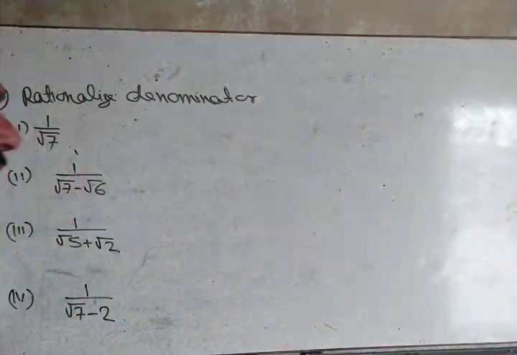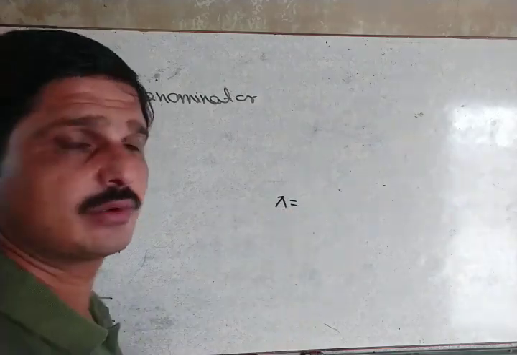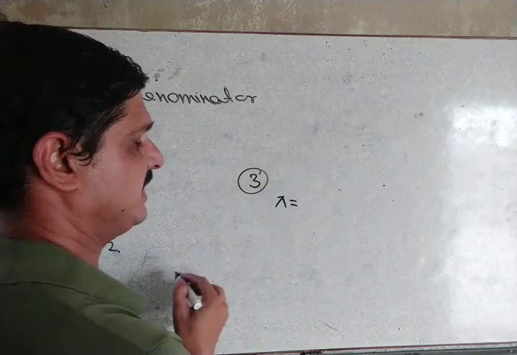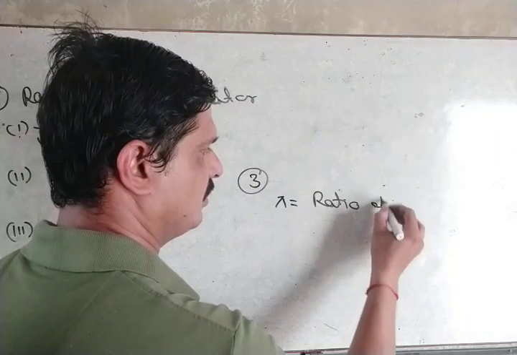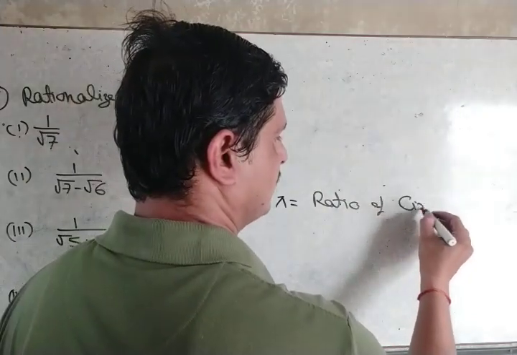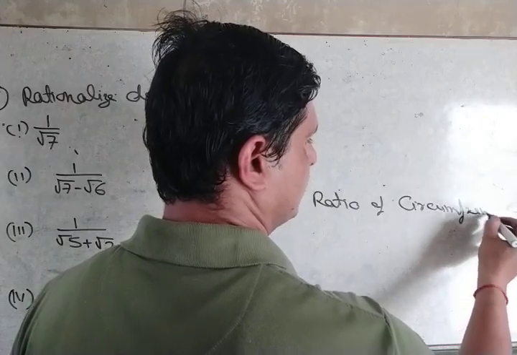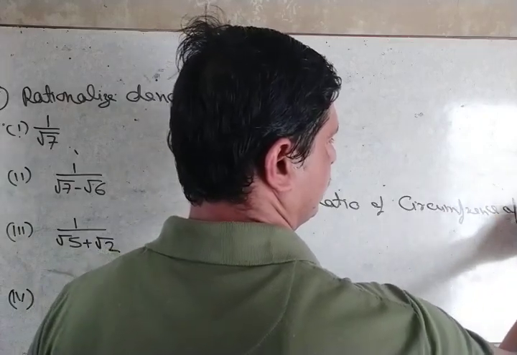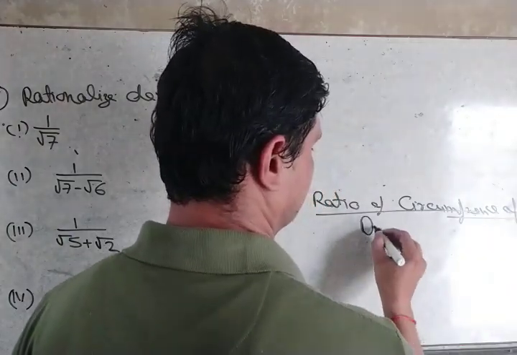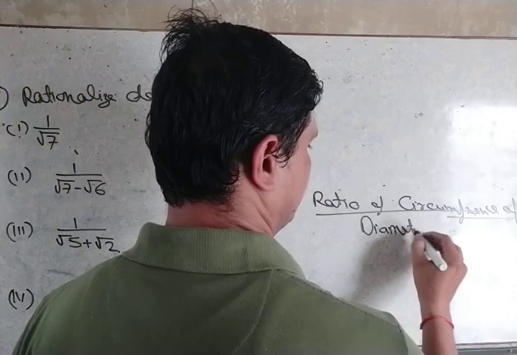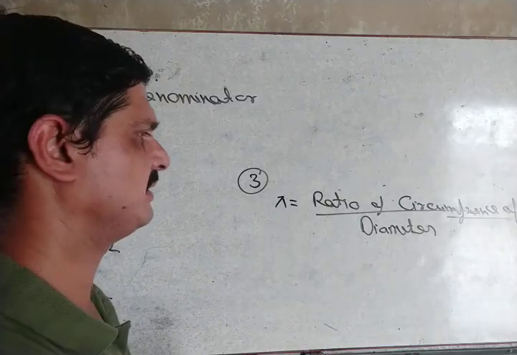Pi is nothing but the ratio of the circumference of a circle with the diameter of the circle. But we have written it, so it is a ratio.